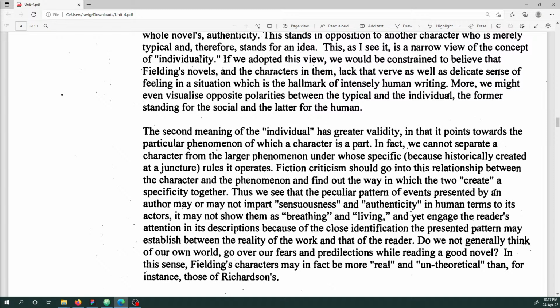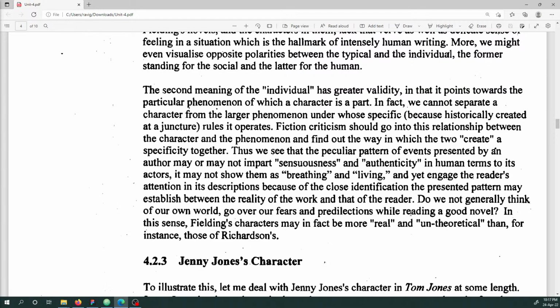Do we not generally think of our own world, go over our fears and predilections while reading a good novel? In this sense, Fielding's characters may in fact be more real and untheoretical than, for instance, those of Richardson.